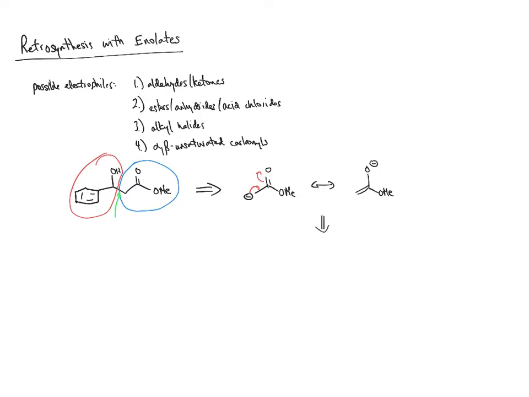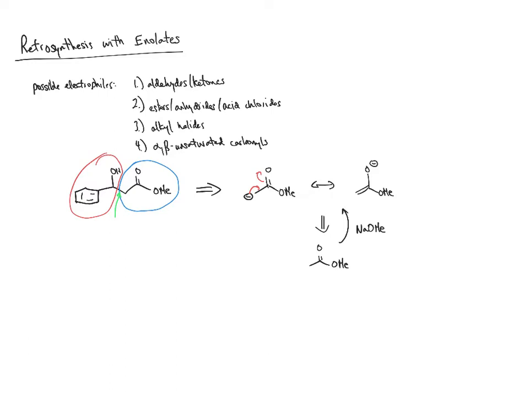And so we can draw a retrosynthetic arrow indicating that it comes from that methyl ester. And we can treat it with a base, let's say sodium methoxide. So we take this and we add sodium methoxide and we generate that enolate. The only question we have left is what's the other piece?